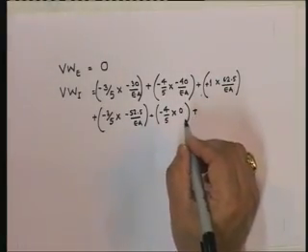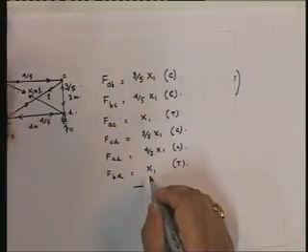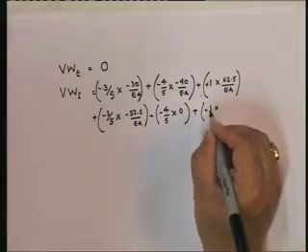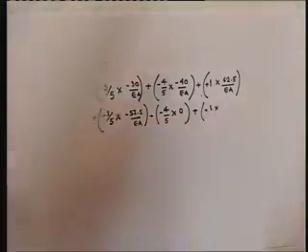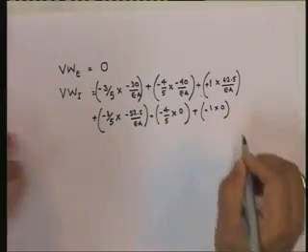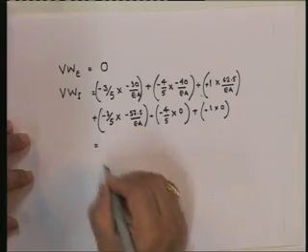Then I need to look at BD. What is BD? 1. Tension. So it's going to be plus 1. What is the real deformation in BD? The real deformation in BD is 0. So 0. So what is the total internal virtual work?